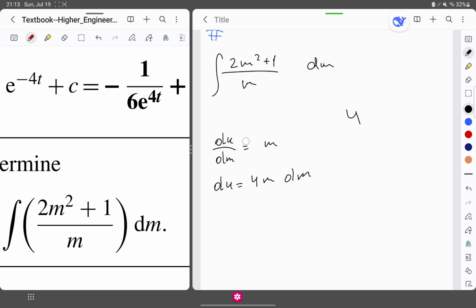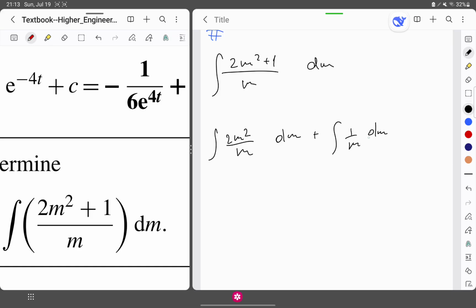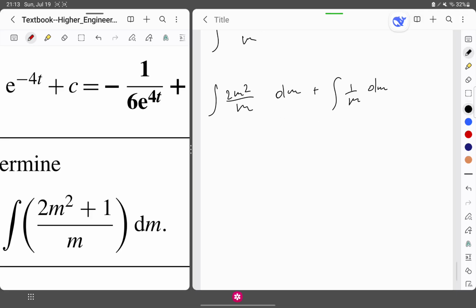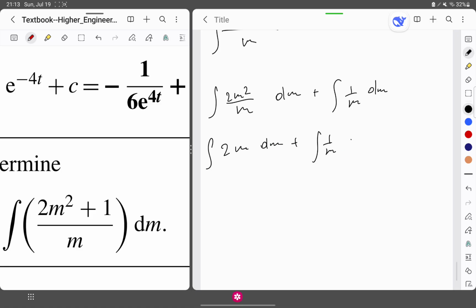Okay, I think we can do this without substitution, because if we write this as 2m squared over m dm plus, because I got confused, 1 over m dm. Imagine that it's like x and 1 over x, so it will be 2m dm plus 1 over m dm.